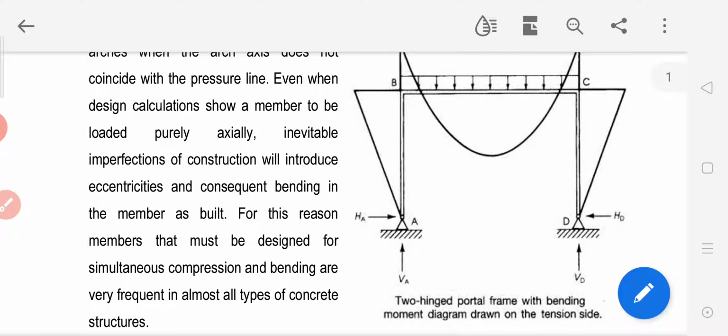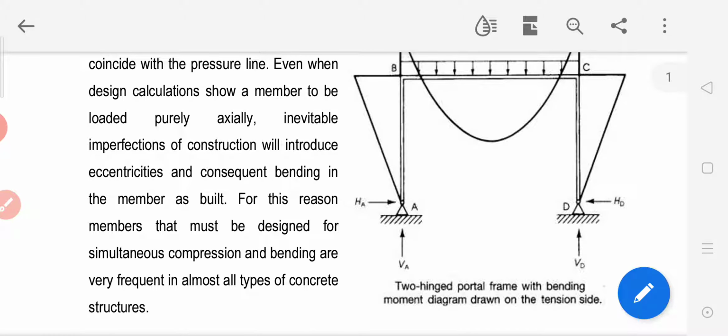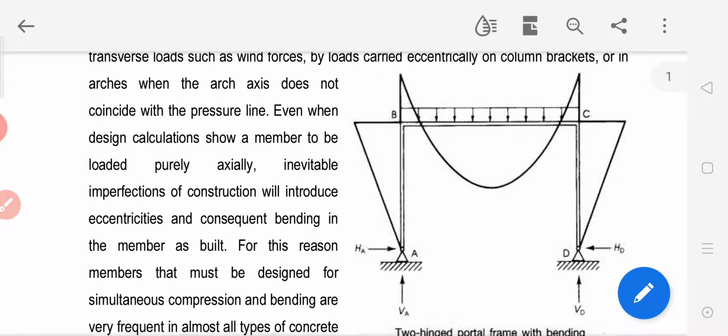For this reason, members that must be designed for simultaneous compression and bending occur very frequently in almost all types of concrete structure.